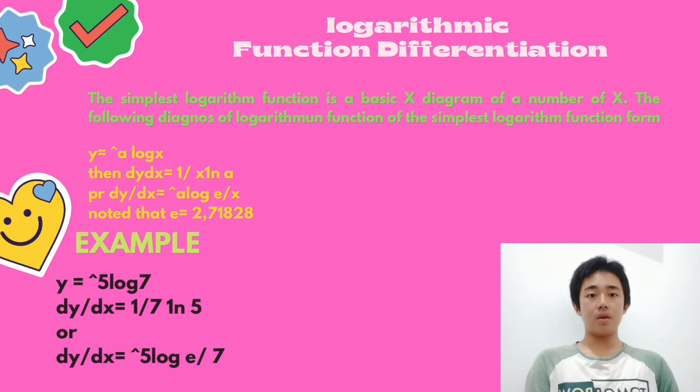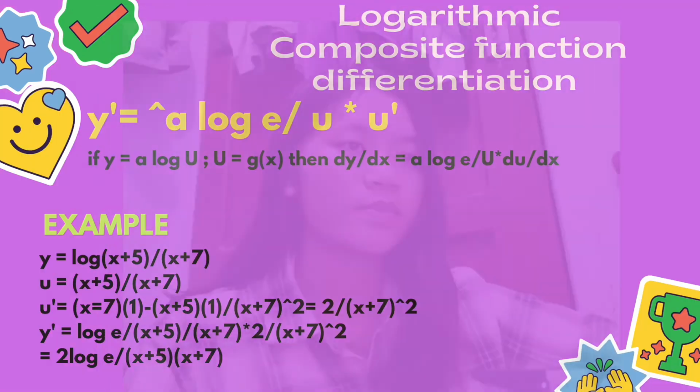Or you can answer dy/dx equals log e by 7. Keep in mind that e is 2.71828.